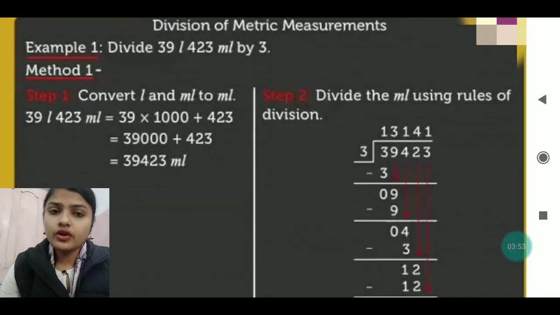Suppose you have to divide 39 liters and 423 milliliters by 3.